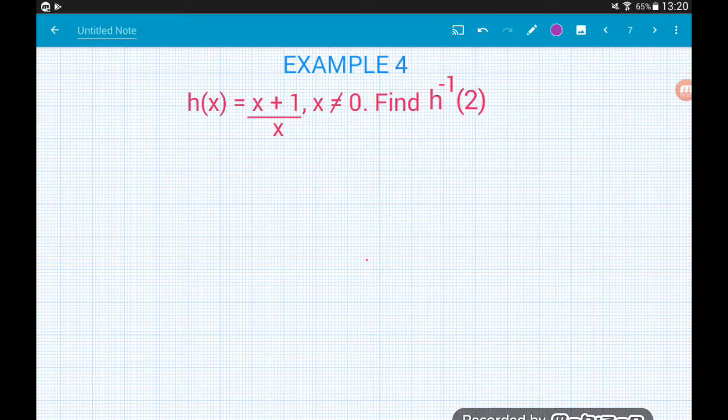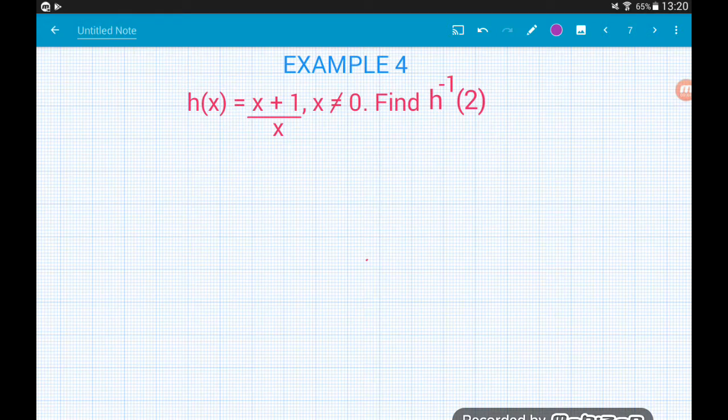The reason it's not allowed to equal 0 is if x was equal to 0 here, then we'd be dividing by 0, and we can't do that, it's naughty. And we want to find the value of the inverse function when x is equal to 2.